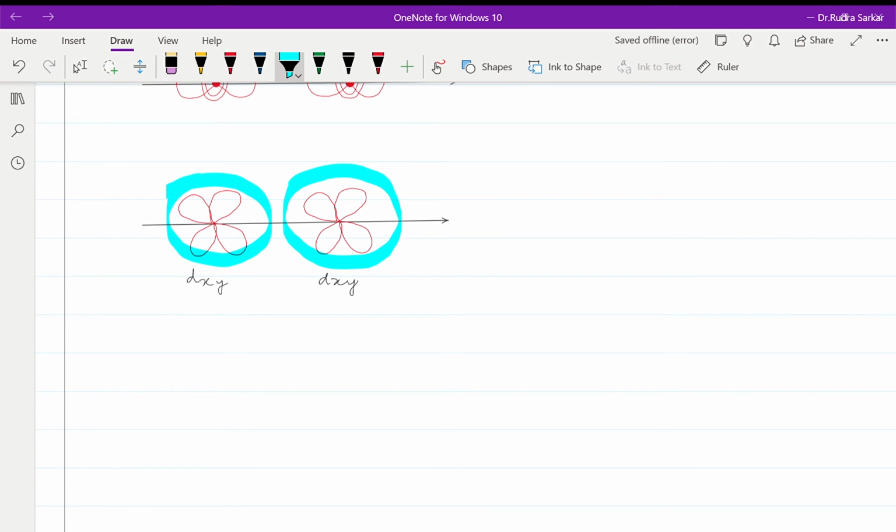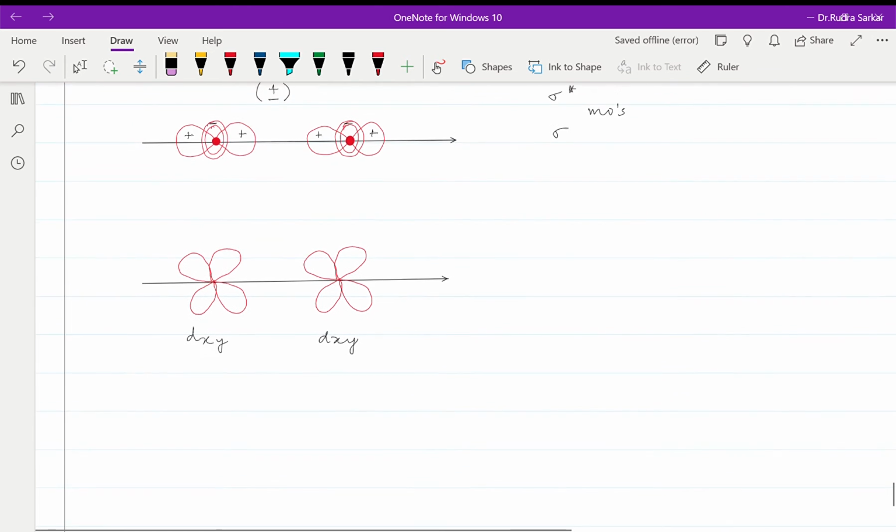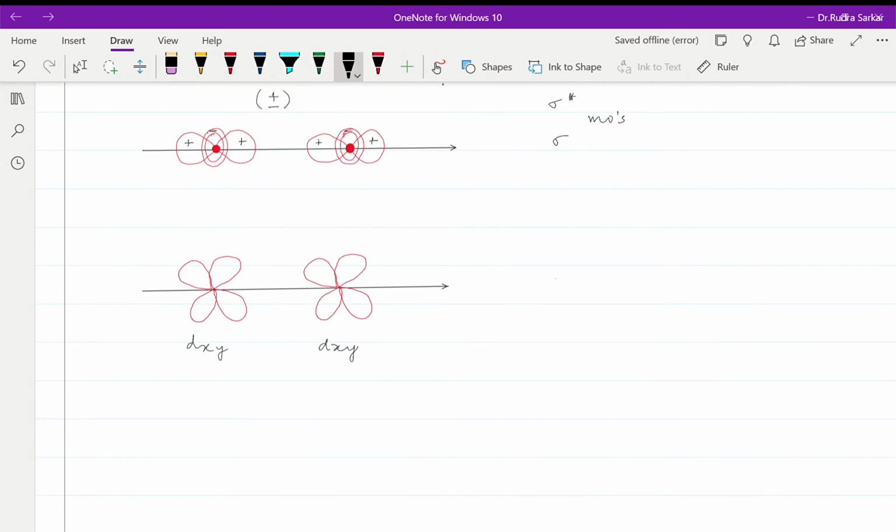So this type of combination, one d orbital sitting on the top of another d orbital, we are going to call as leading to the formation of delta MOs. Because the combination can be positive and negative, there will be delta and delta star MOs, where the delta star MOs will be of higher energy.